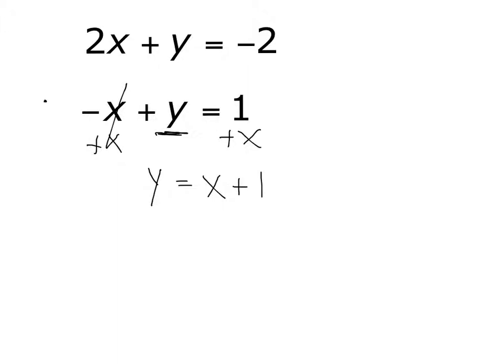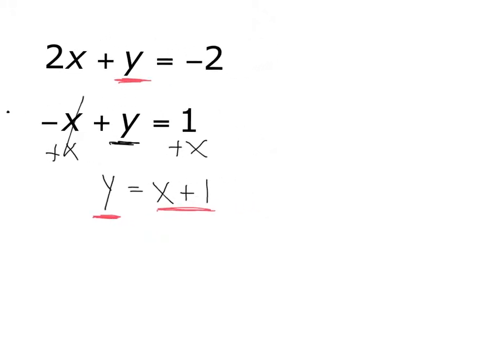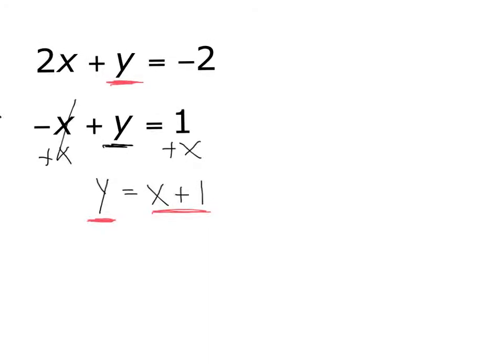Now that we have a variable that's all by itself, we can go ahead and substitute. What y equals this time is x plus 1. So every time we see a y in our other equation, we can plug in x plus 1. Let's rewrite that top equation and substitute.